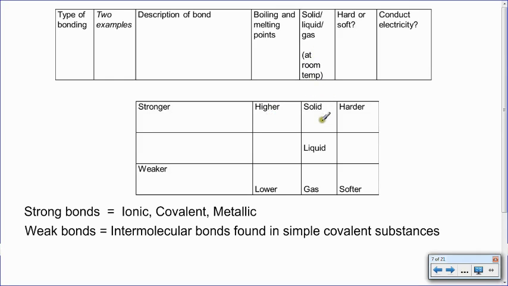It will tend to be a solid at room temperature, because at room temperature there's not enough energy available to break the bonds. So substances with weaker bonding, simple covalent substances, tend to be liquids or gases at room temperature, and substances with stronger bonds tend to be harder, weaker bonds softer.